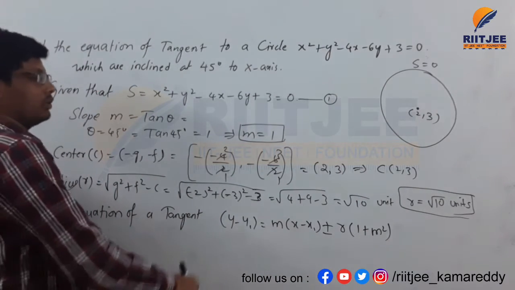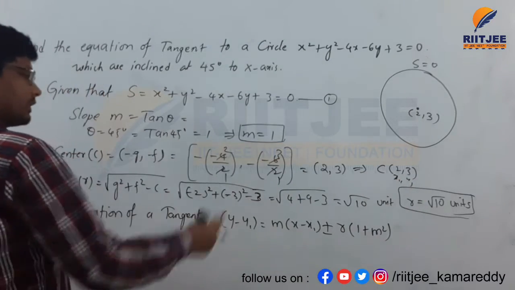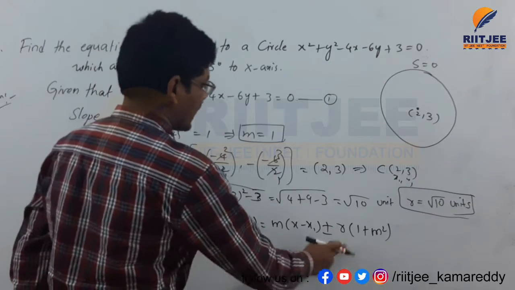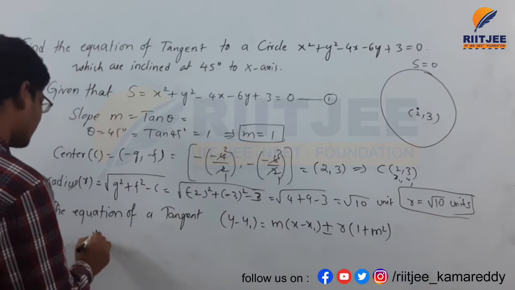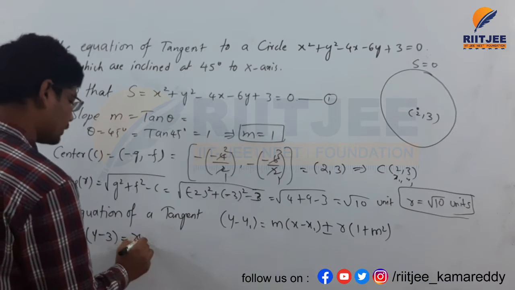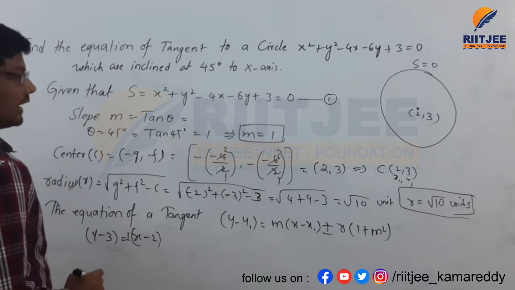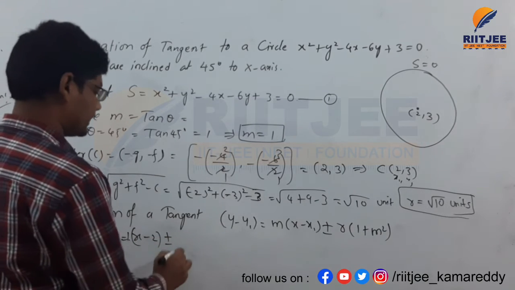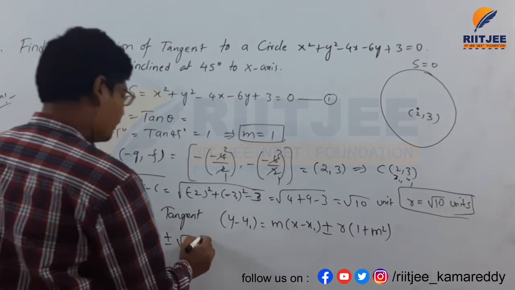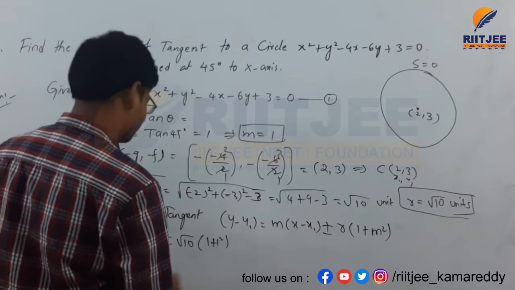Here we need to substitute the values of x1, y1. This can be considered as x1, y1, and m is the slope here, r is the radius here. Let's substitute the values. y minus 3 is equal to 1 into x minus 2, where m is 1 here, plus or minus root 10 into square root of 1 plus m square, that is 1 square.